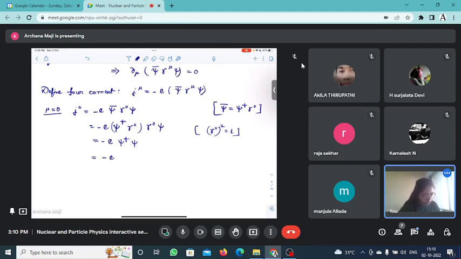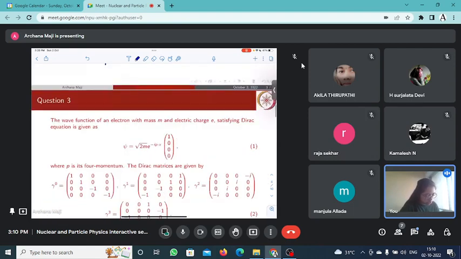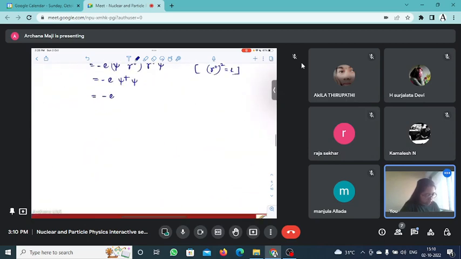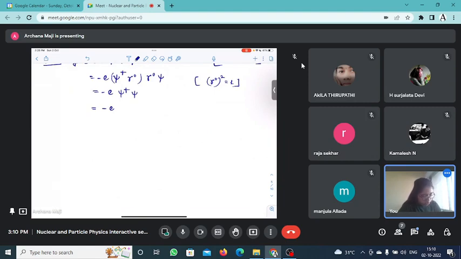Now what is psi? Psi is square root 2m times exponential minus i p dot x, then a 4 by 1 column vector.